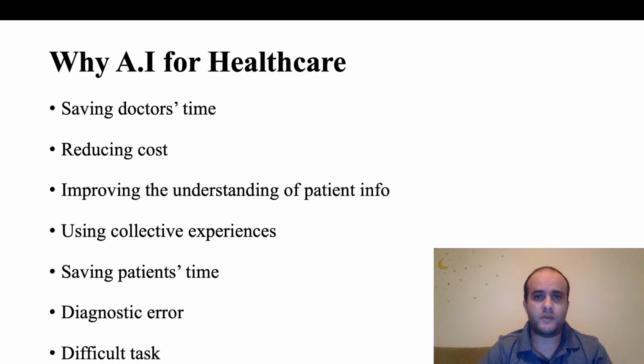A lot of time is spent documenting this in what's called the electronic health record about the patient, and sometimes for things that are unnecessary for the patient, just like health insurance or other tasks that the patient at the end of the day will not benefit from. So AI for healthcare is going to save time.